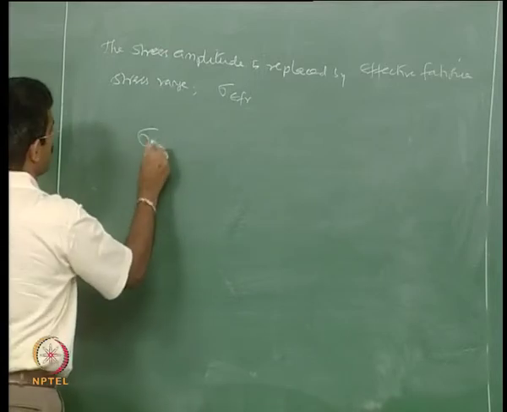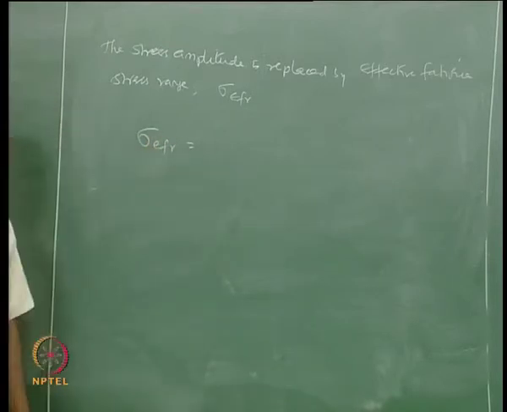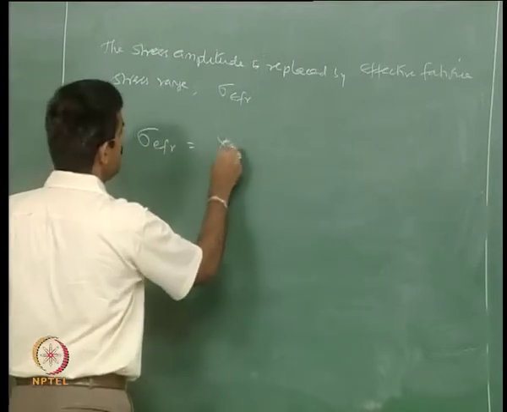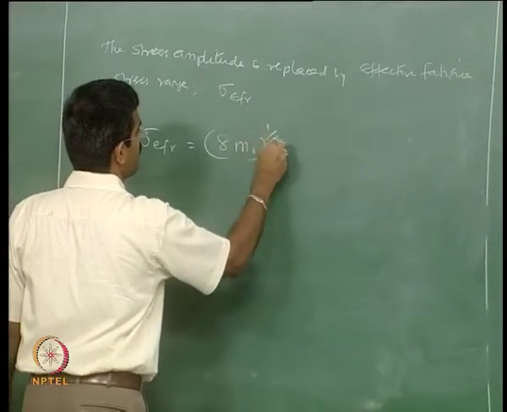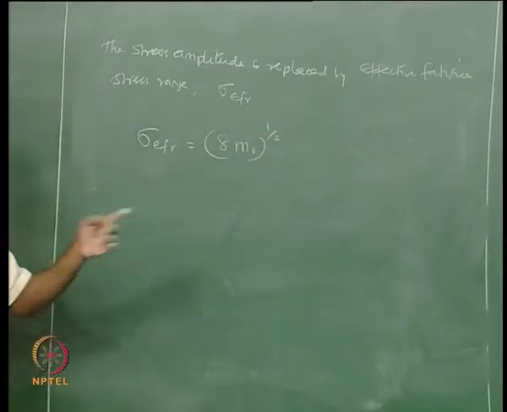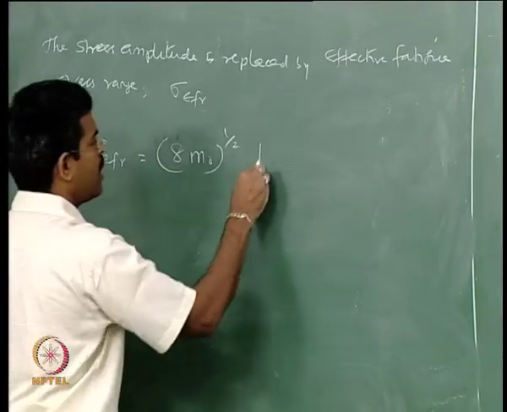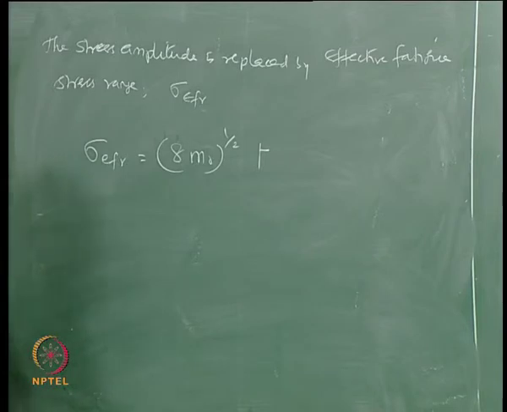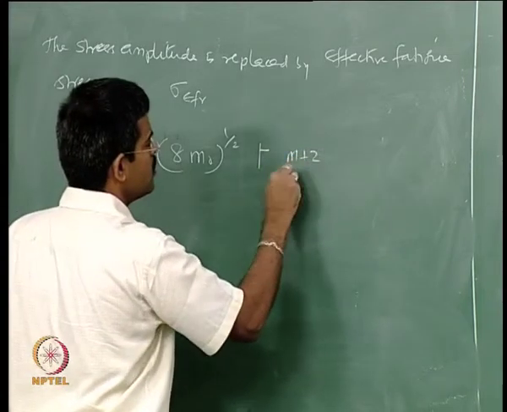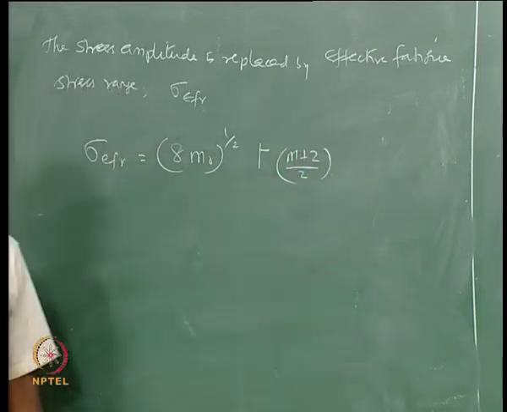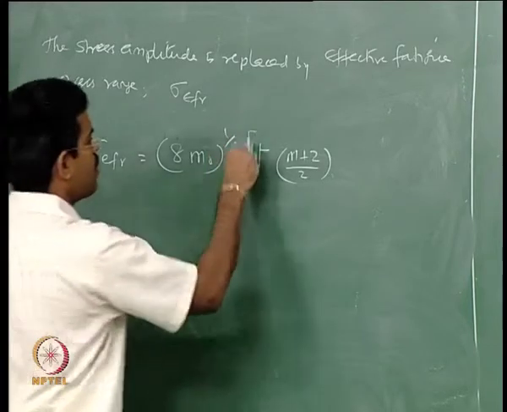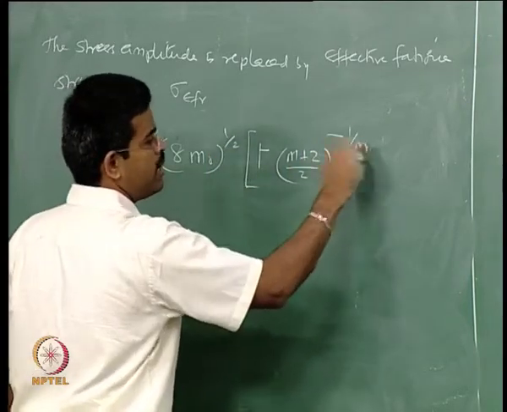Sigma EFR is given by 8 m0 to the power half, that is the equation I am writing from equation 6, is it not? Gamma of m plus 2 by 2, raised to the power of 1 by m, is that okay?